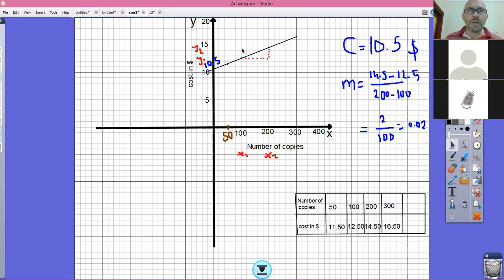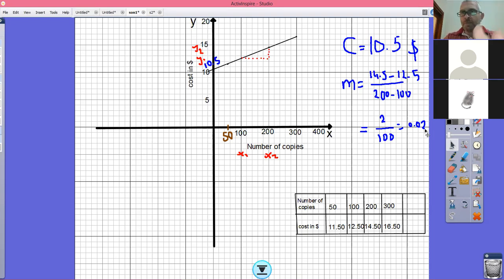Now 14.5 minus 12.5 is 2, and 200 minus 100 is 100. The result is 0.02. I found m, the cost of one printing.